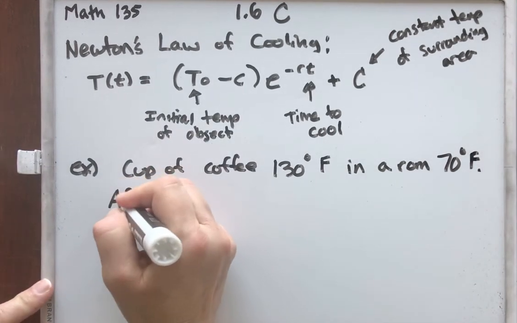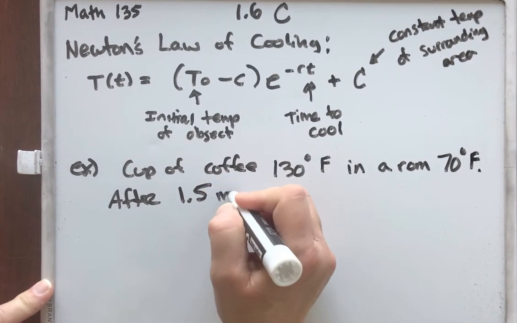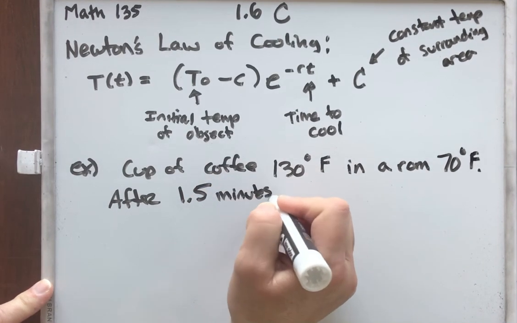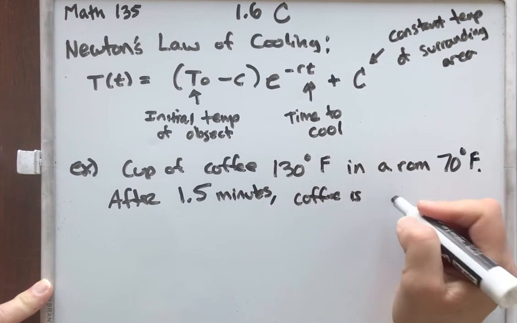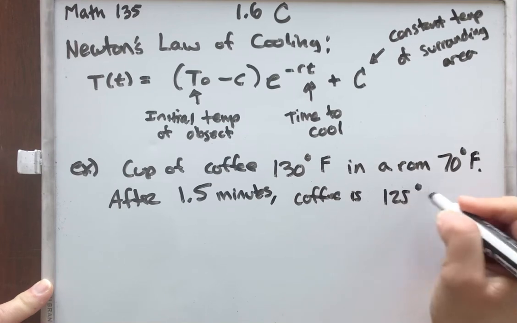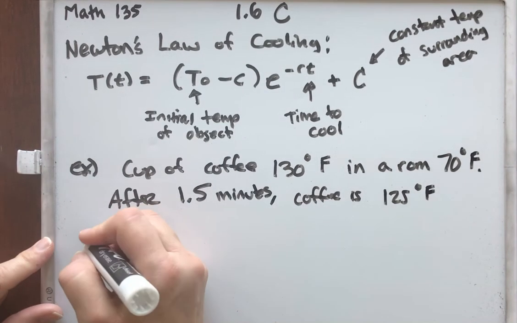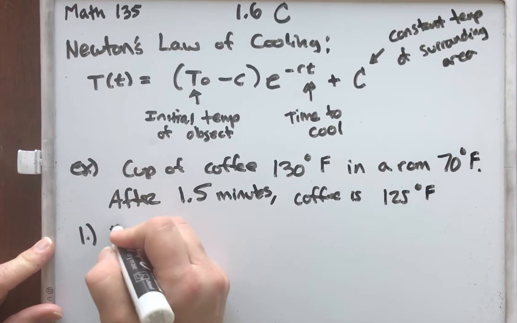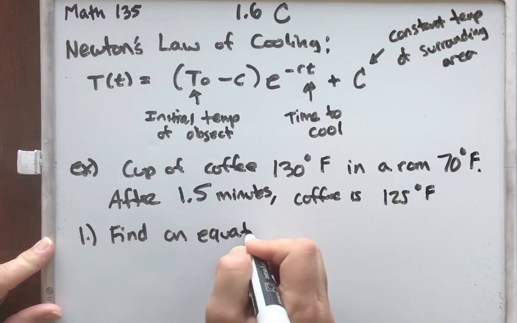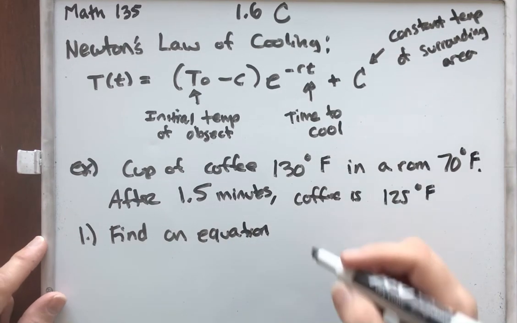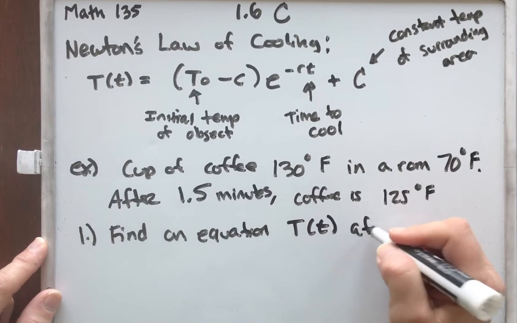After 1.5 minutes, the coffee is 125 degrees Fahrenheit. Okay? So, first question, find an equation T of t after t minutes.